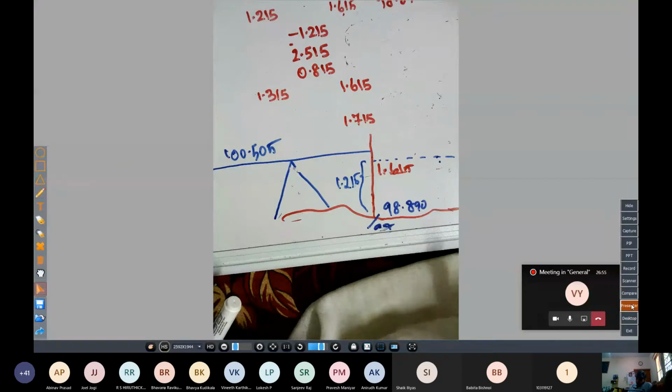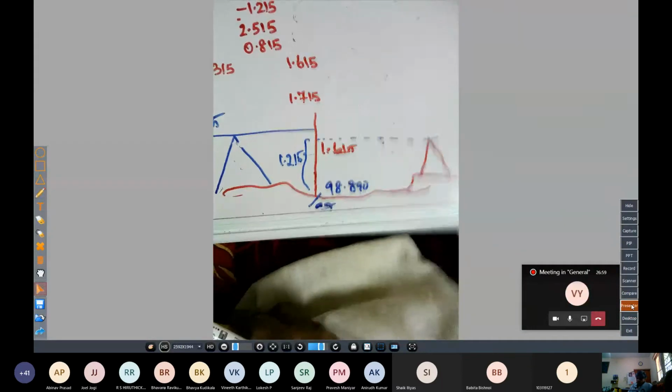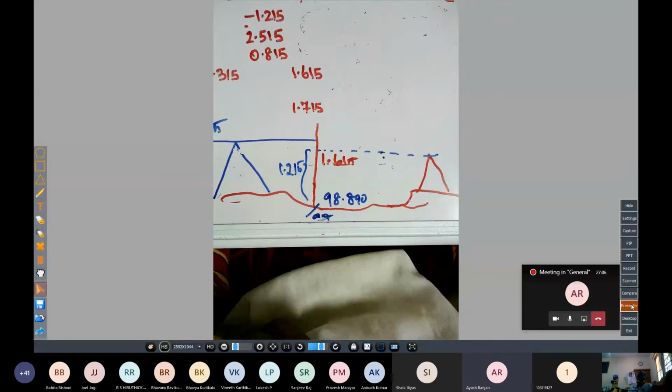What is the line of collimation? Did you get the point? What is the line of collimation? 98.890 plus 1.215.